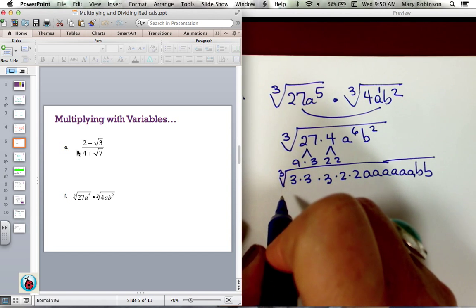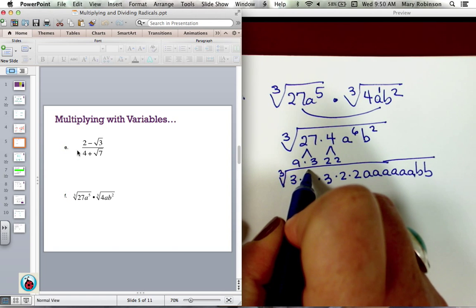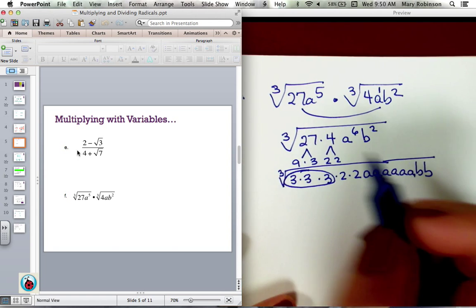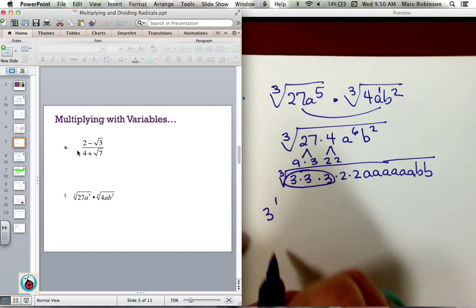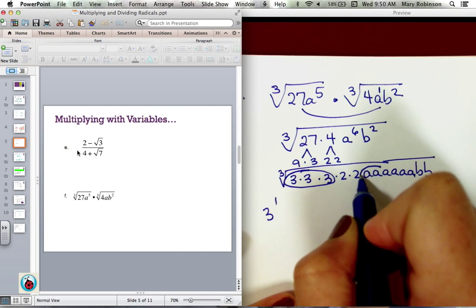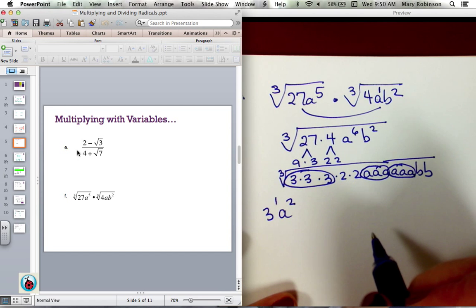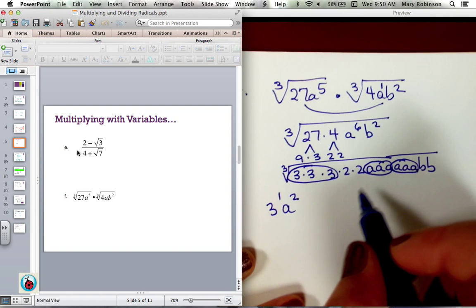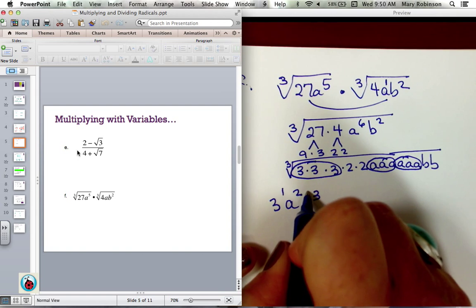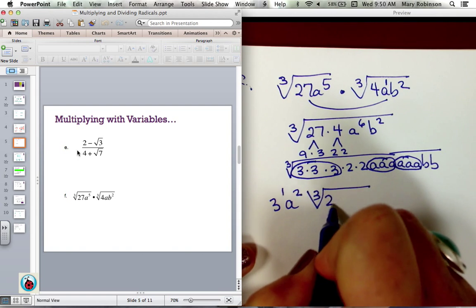Because we are finding a cube root, we are still looking for groups of 3 of the same factor. So I have one group of 3s, 2 groups of a, and I cannot form any more groups. So I'm going to leave the cube root of anything that's remaining.